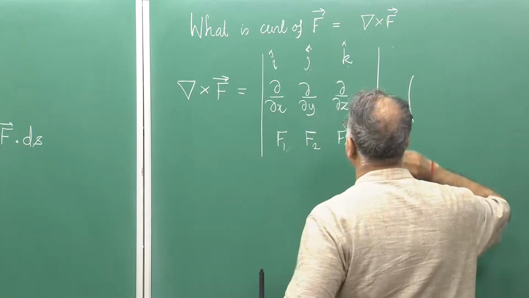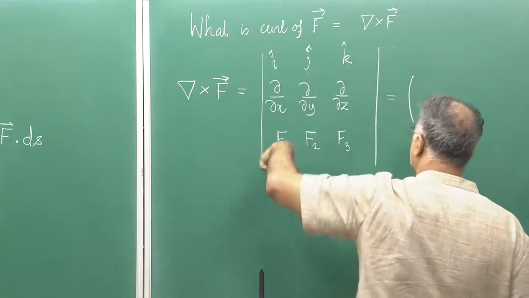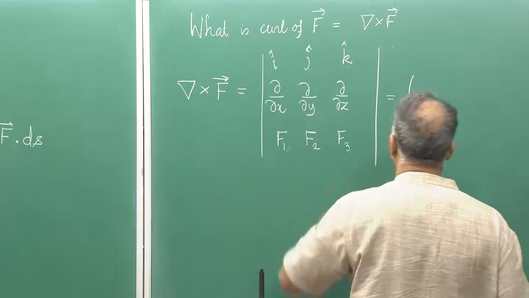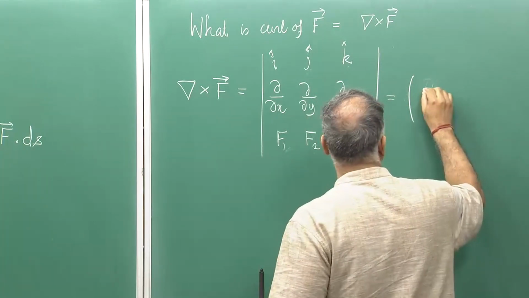This can now be expanded as something times the i vector. What is that something? Taking out this row and this column, it is this minus this. As if you are multiplying these two, but ultimately it is an operation.